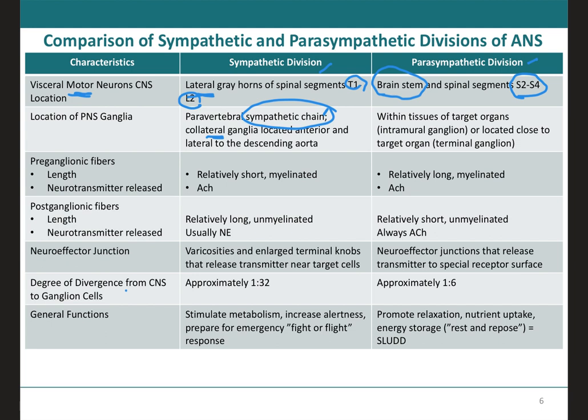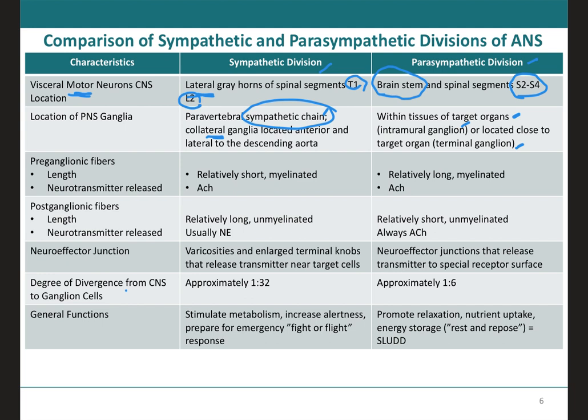With regards to the parasympathetic division, the ganglia are located either on the target organs, on the tissue of the organ, and these are what we call the intramural ganglia, or they're located very close to the target organ, so they're called terminal ganglia because that's where they terminate, close to the target organ.